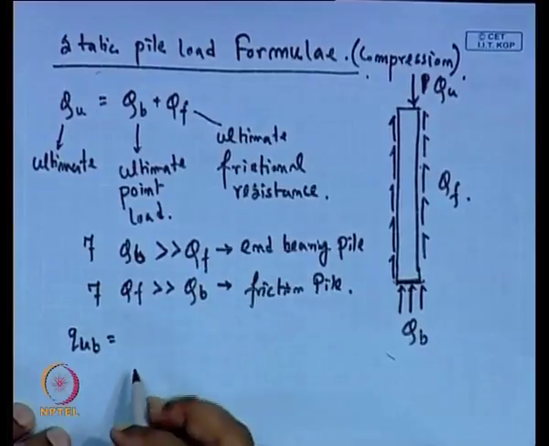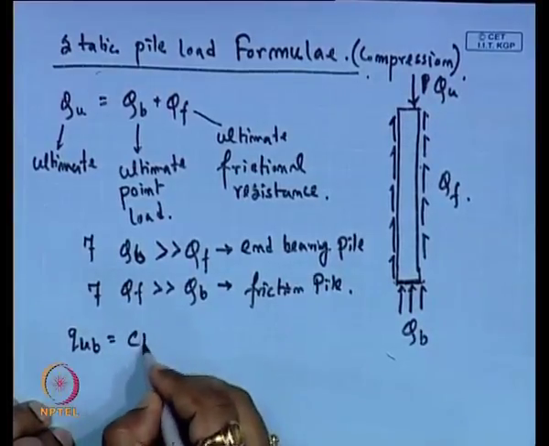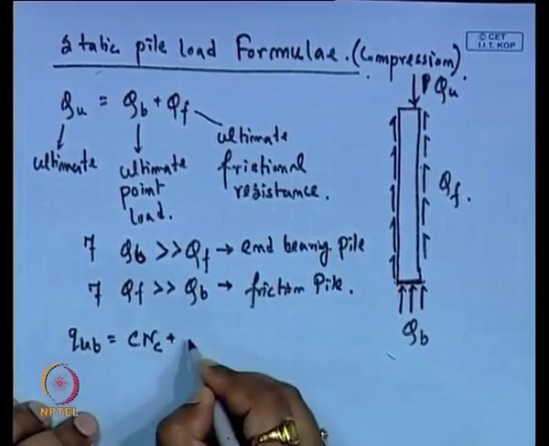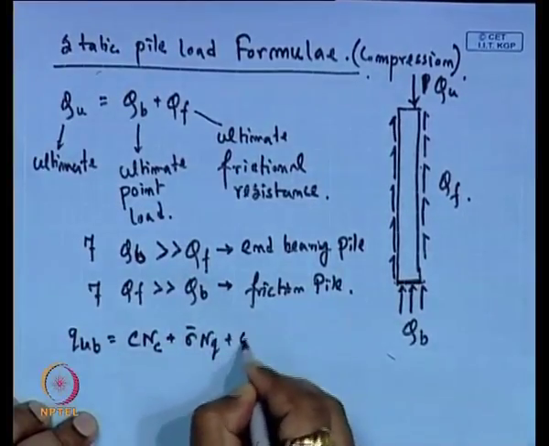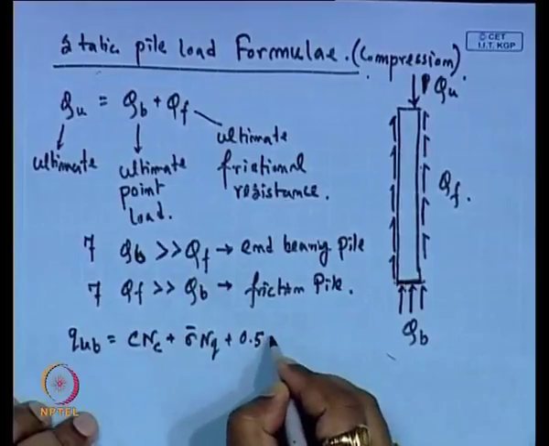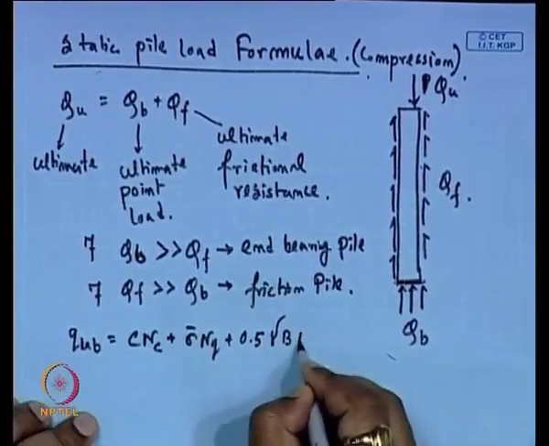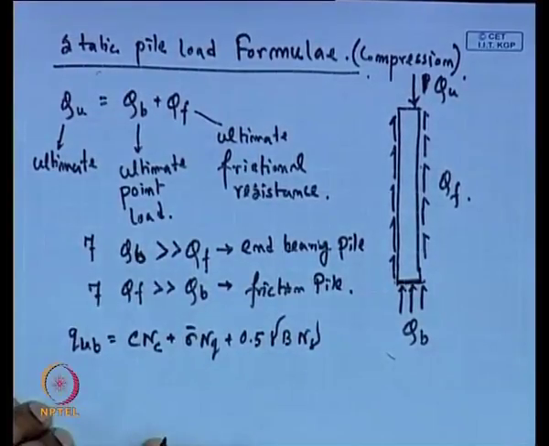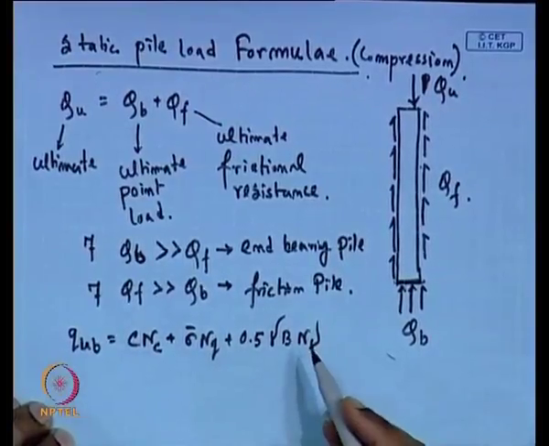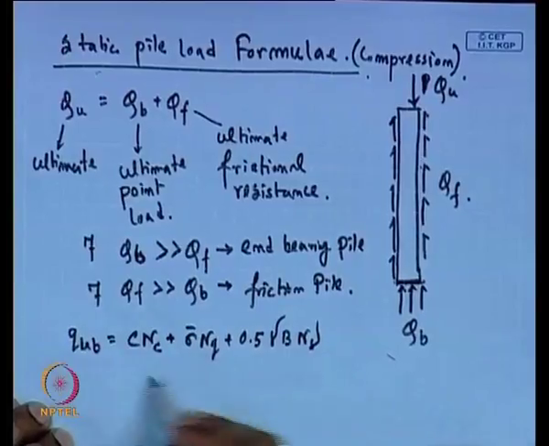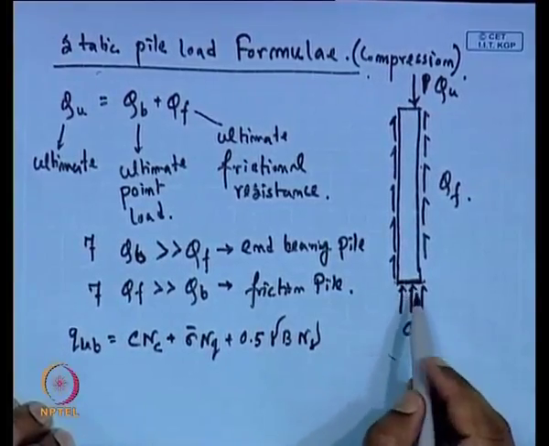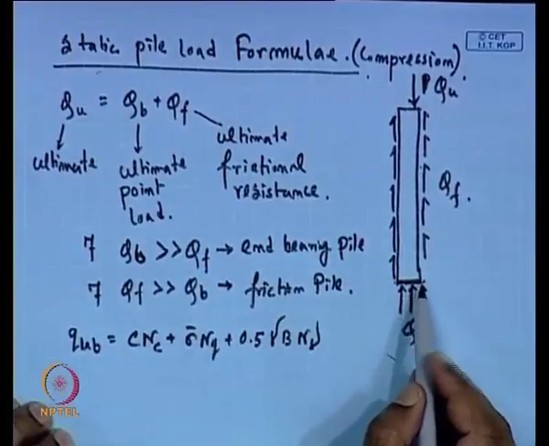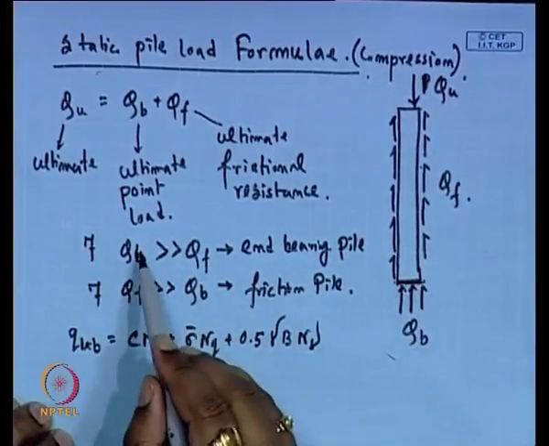That expression we can write as C N C plus sigma bar N Q plus 0.5 gamma B N gamma. This is the same as the shallow foundation bearing capacity expression, and the same expression is used here to determine the end bearing capacity of the pile. So, this is only the Q B part.